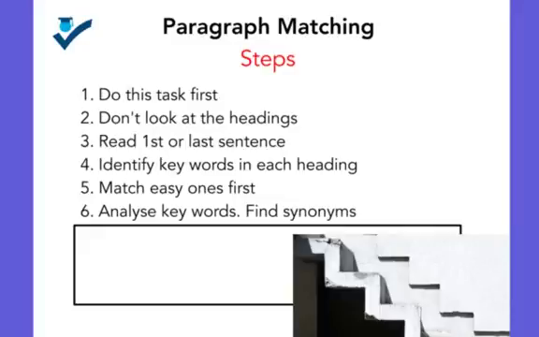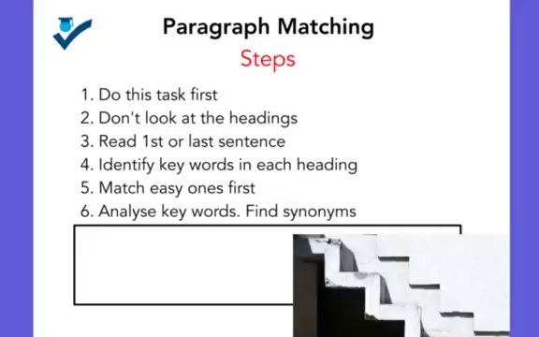Try to figure out, is there one particular word in the heading that would differentiate it from the other heading? To do this, you need to find synonyms. Do not try to match exact words. As I've said, try to find synonyms.